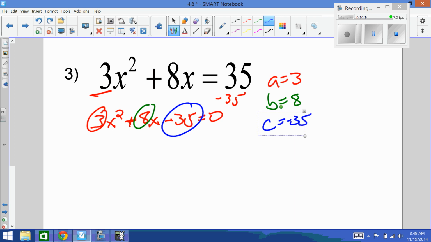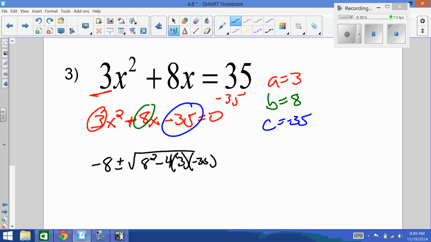We plug it into the quadratic formula. So that becomes, well, negative B, so it becomes negative 8 plus minus the square root of B squared, so that's 64, minus 4 times A times C, all over 2A, so 2 times 3 is 6.